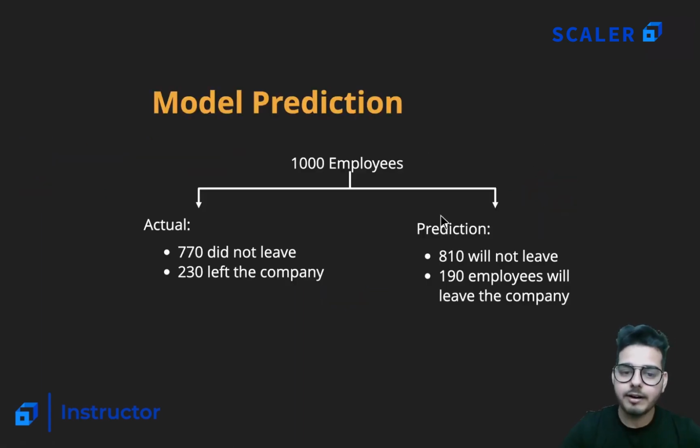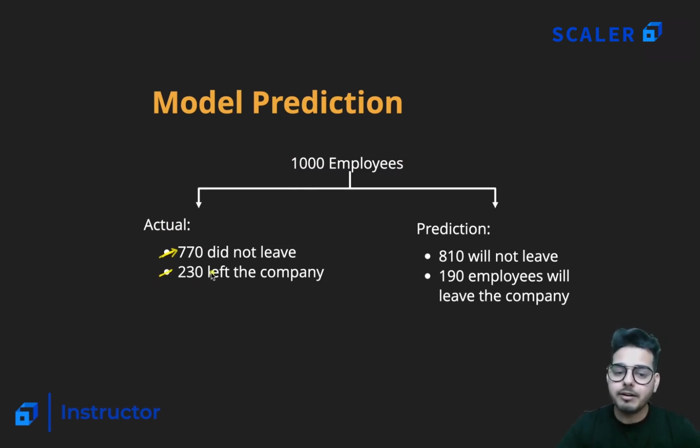Okay, now let's understand. Let's say there are 1000 employees in a company, and the actual data says that 770 people did not leave the company in the next month, and out of 1000 people, 230 people left the company.